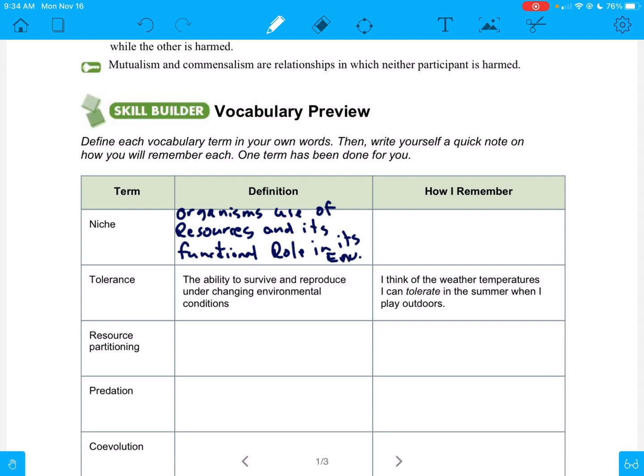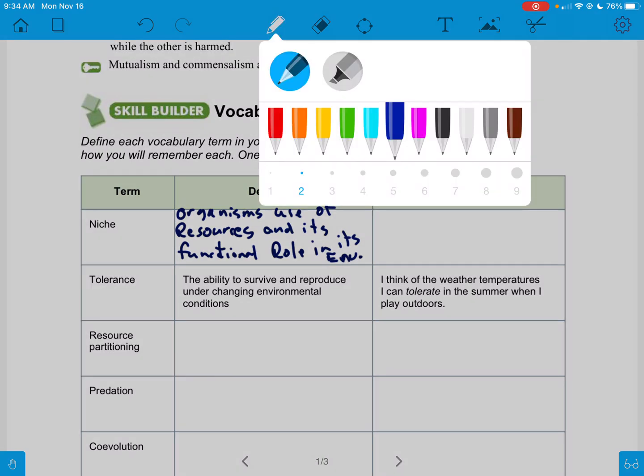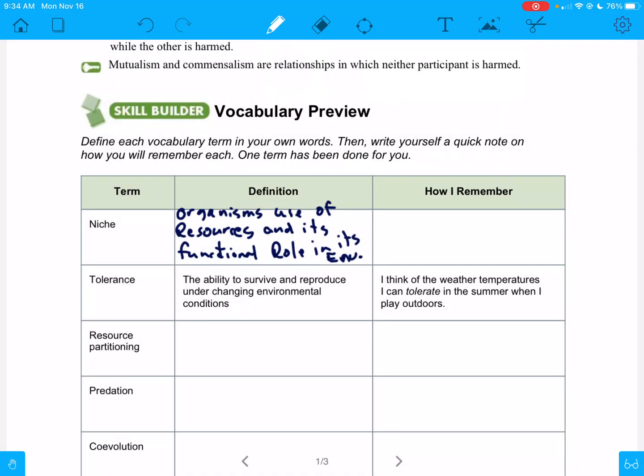Okay, if I write environment, you guys would be fine with that, right? What if I go with a finer point? Maybe that'll help.